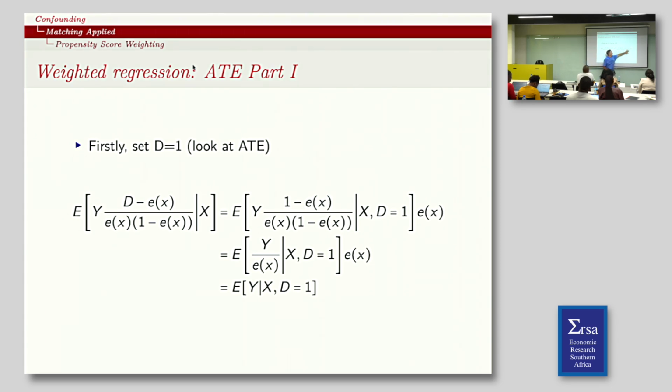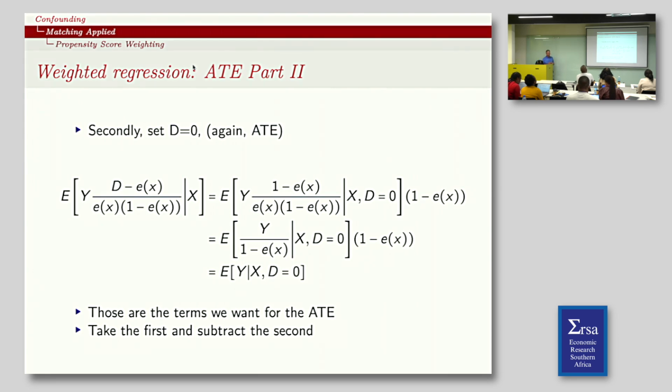So the conditioning here on d equal to 1 requires me to multiply by the propensity score on the outside. And then basically we're plugging and chugging, and we end up at the end with the expected outcome given the x's and the treatment status. So a reasonably simple rearrangement of the terms shows us that this weighting structure actually is what we want it to be.